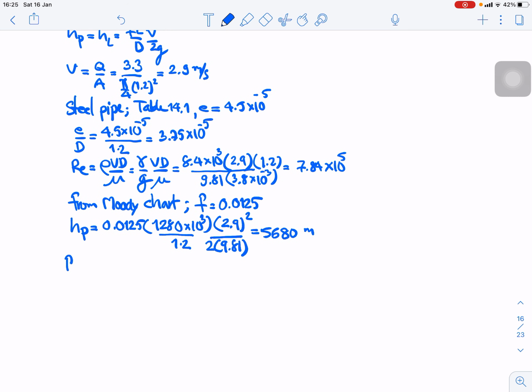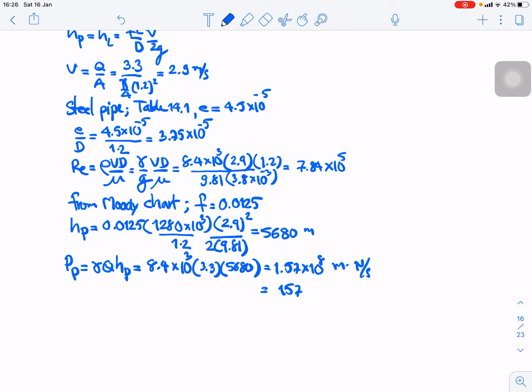Okay, so for the power of the pump, it should be gamma Q HP, which is equal to 1.57 times 10 to the power 8 meter-Newtons per second, or about 157 megawatts.